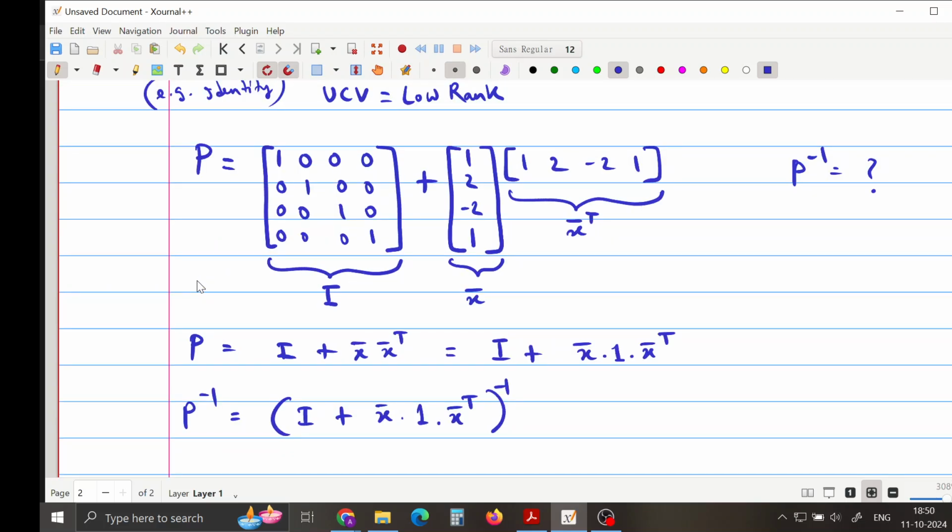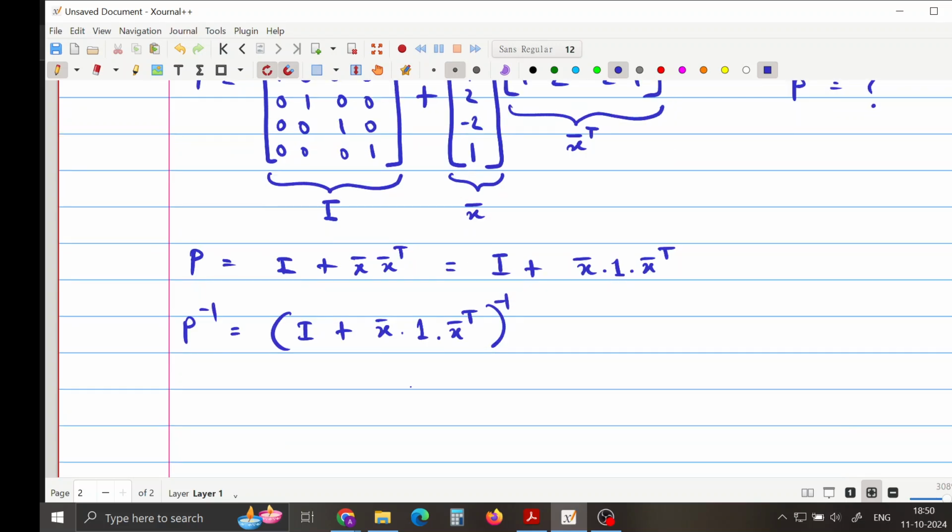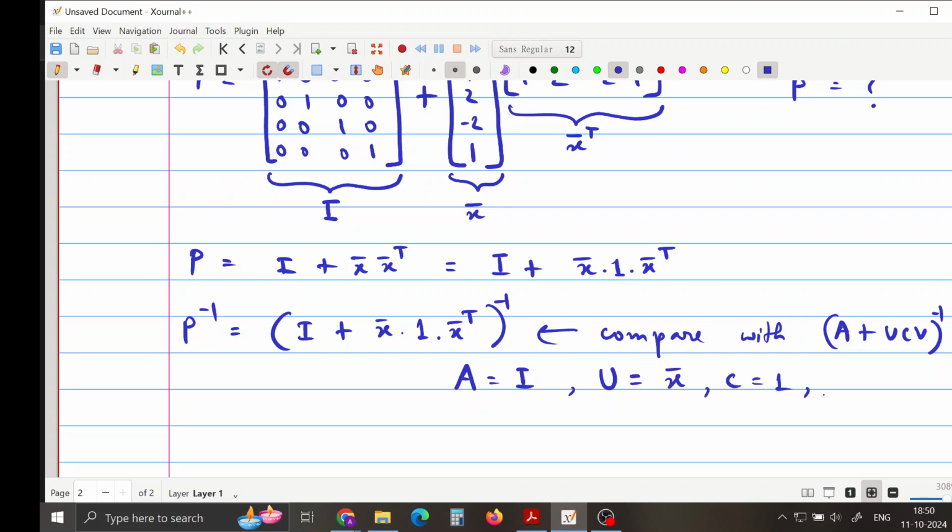Okay, so you compare with (A plus UCV) whole inverse, it's similar, and on comparing what you get is that your A is nothing but identity, your U is the vector x bar, C is simply the scalar 1, and V is x bar transpose.